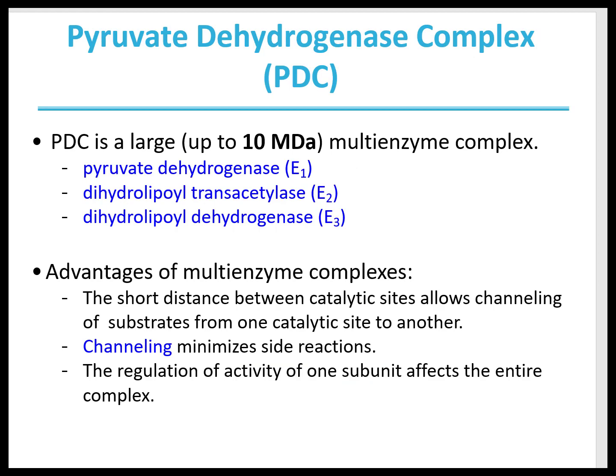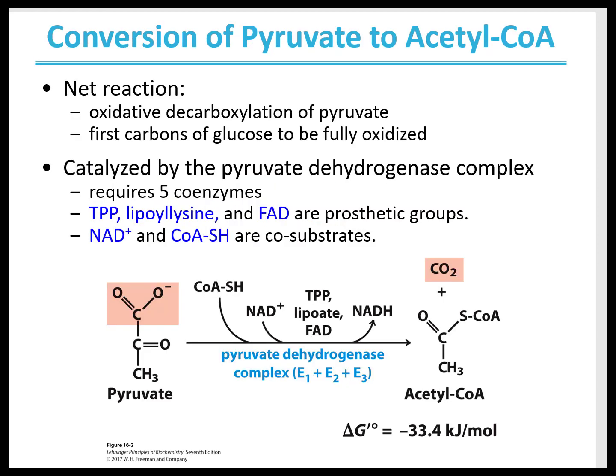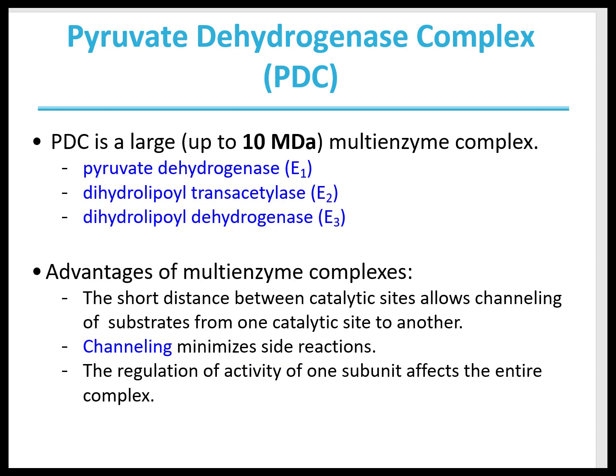In this case, you saw over here that it has 3 different enzymes, E1, E2, and E3. So let's take a look at what these enzymes are. E1 is pyruvate dehydrogenase, E2 is dihydrolipoyl transacetylase, and E3 is dihydrolipoyl dehydrogenase.